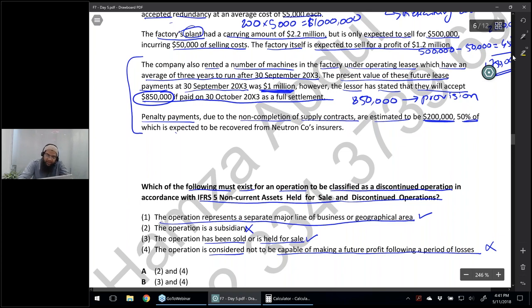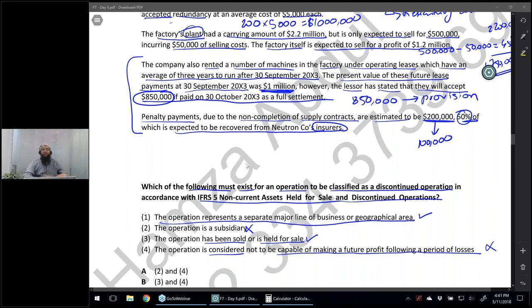So should we be recognizing provision of 200 or should we be recognizing provision of 100? What do you people think? Because 50% will be covered from the insurers. Tajwar is saying 100. What about others?